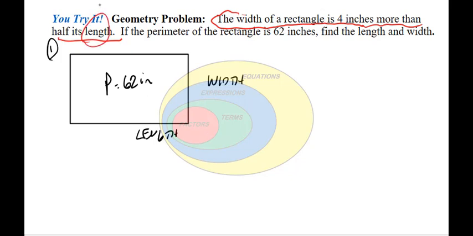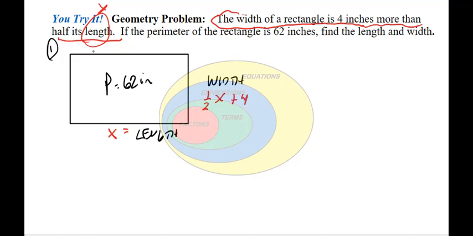So if we let the length equal x, then the width is 4 more than half of x, so 1/2 x plus 4. Those are the expressions that relate the length and width.